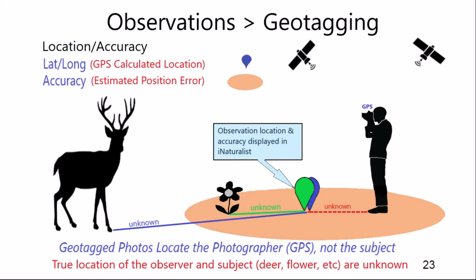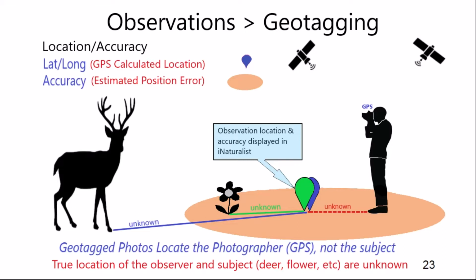So all those little push pins you see are not the real locations of deer or bugs or flowers. They're the locations of where the photographer was standing when he took that picture of that deer or the flower.